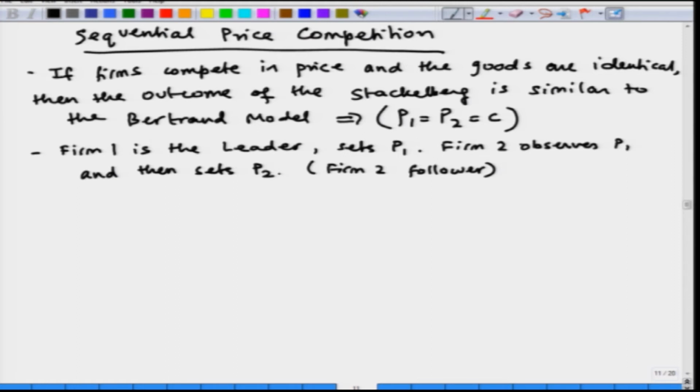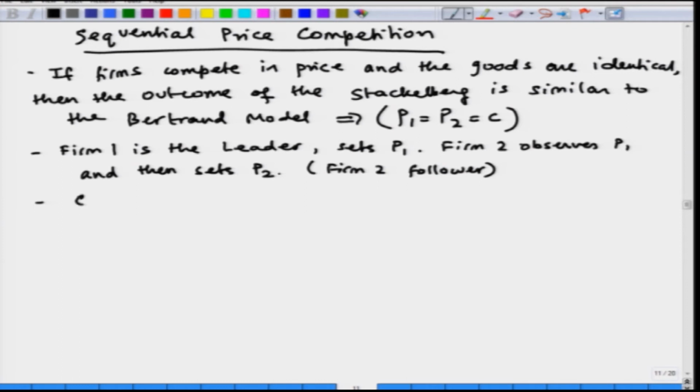Other features of the Bertrand model are identical, which is that consumers will always buy the product from the firm which charges the lower price. Firms have no capacity constraints, that is, if one firm charges a lower price than the other firm, it gets the entire market demand and it has enough capacity to meet the entire market demand. And if both the firms set identical prices, they essentially split the market, right.